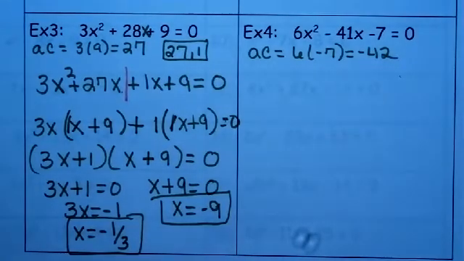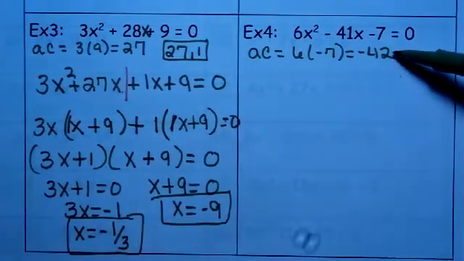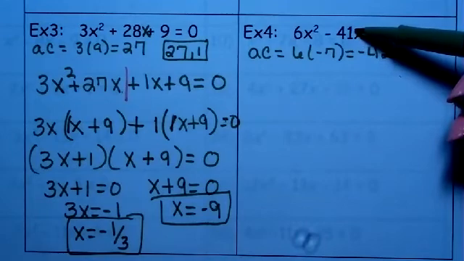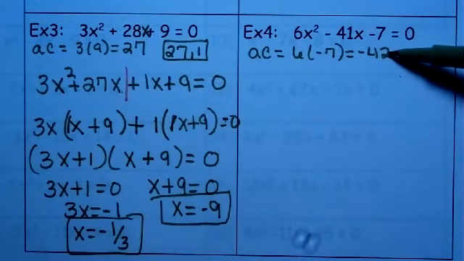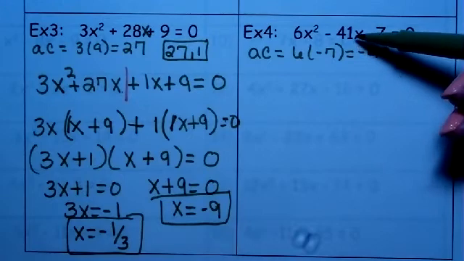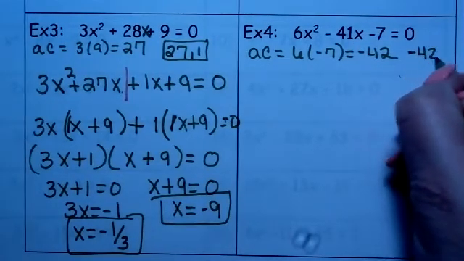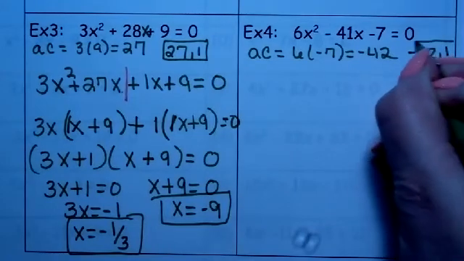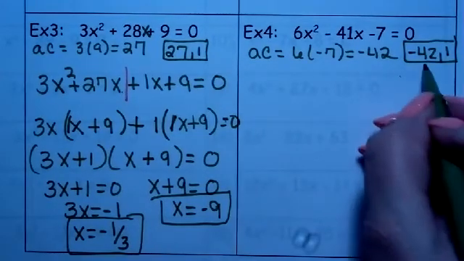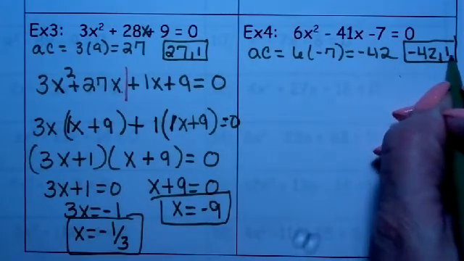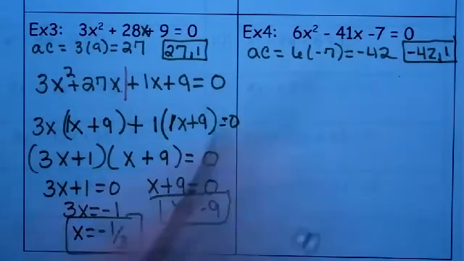Okay, now we're going to look for two numbers that are going to multiply to give me negative 42, but add together to give me negative 41. Multiply for negative 42, add for negative 41. Those two numbers are going to be negative 42 and positive 1. Think about that. Negative 42 times 1 is negative 42, but negative 42 plus 1 is negative 41.